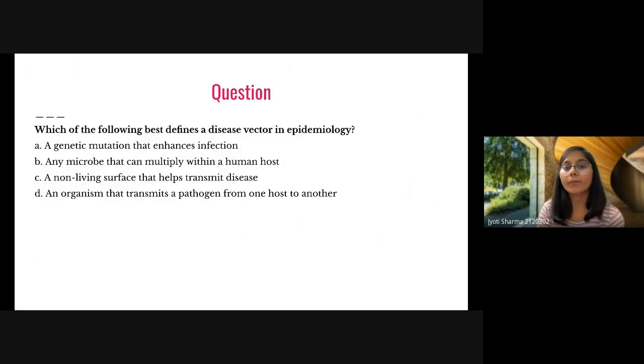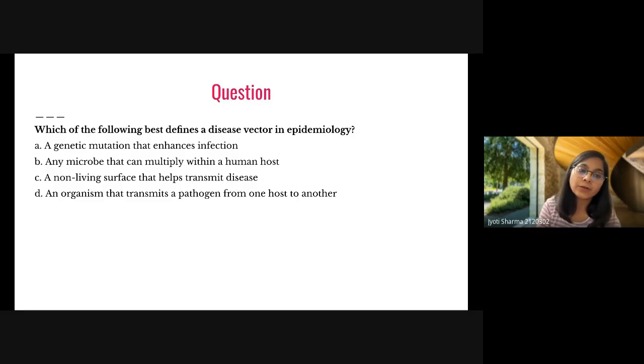Okay. So the next question is, which of the following best defines a disease vector in epidemiology? The options are: A, a genetic mutation that enhances infection. B, any microbe that can multiply within a human host. C, a non-living surface that helps transmit disease.